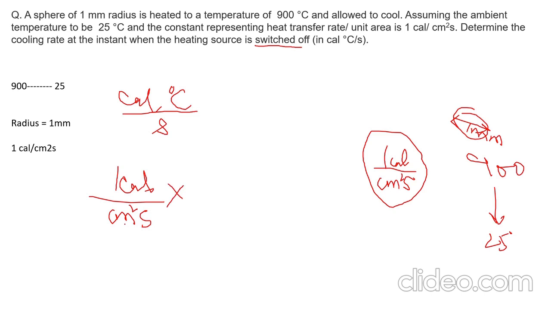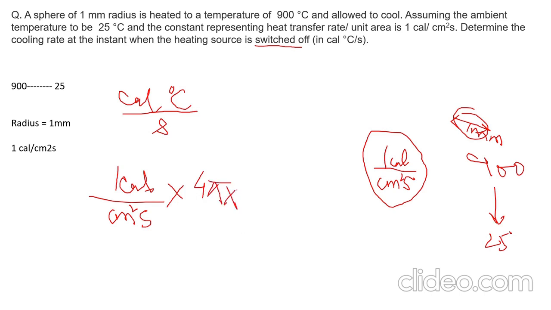You will multiply it by the surface area of the sphere, because we know that it is the surface area of the particle that influences the cooling rate. Because it is assumed to be a sphere, we'll multiply it by the area, which will be 4 pi r square.